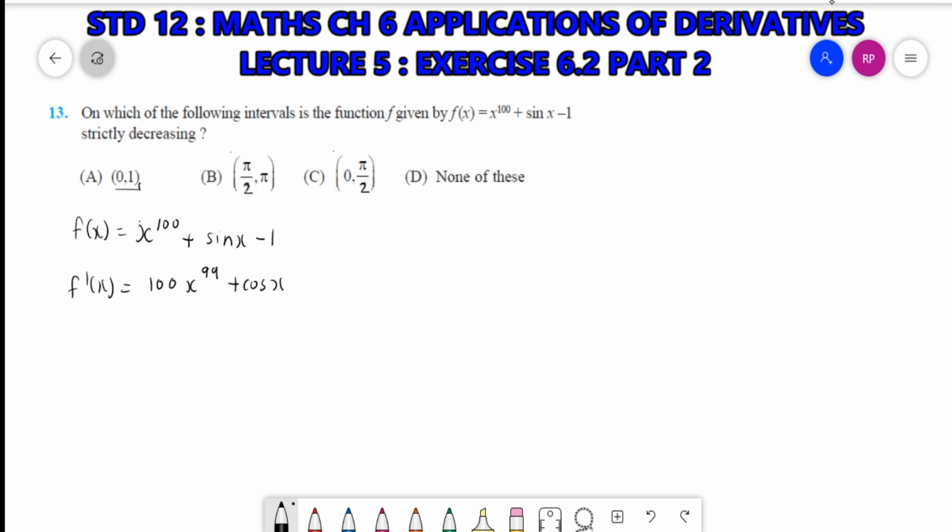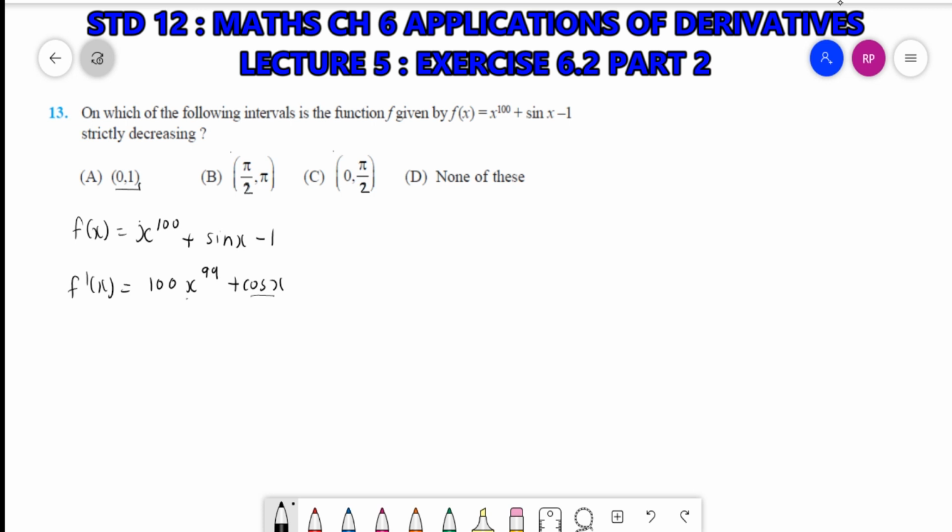Now see, which is the first quadrant? 0 to pi/2. Clear? And pi/2 means 1.57 radian, half of 3.14. So in the first quadrant, this 0 to 1 radian will definitely be in the first quadrant. In the first quadrant, cos x is always positive, right?